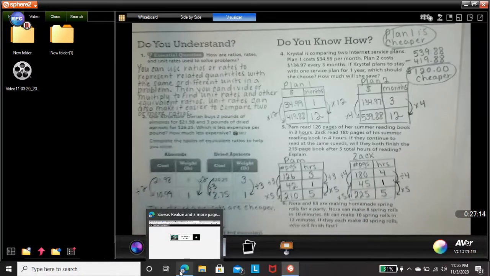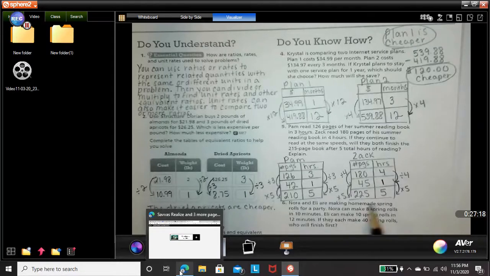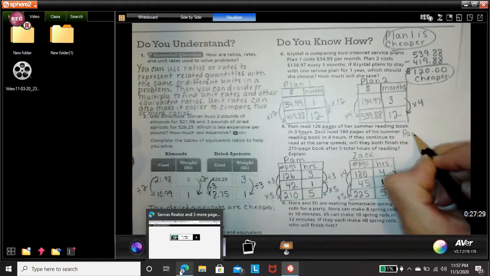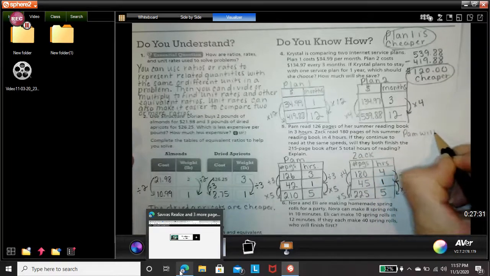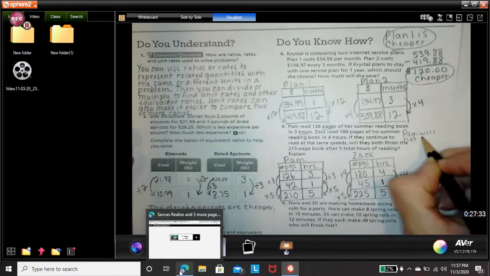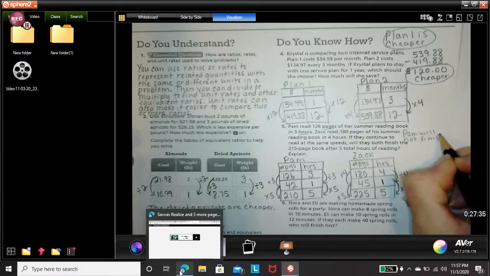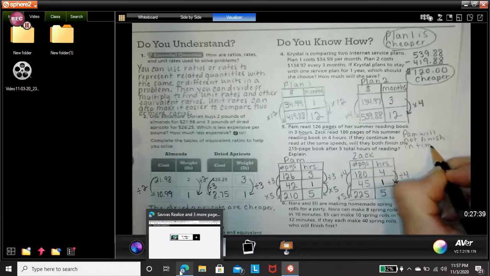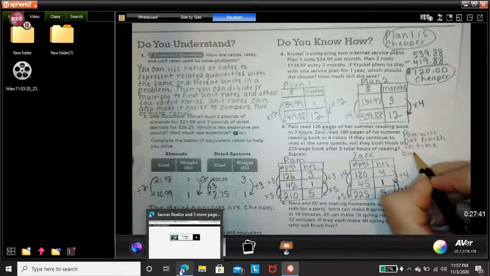So, can Zach finish a 215-page book in 5 hours? Yes. In fact, he'll finish the book and he's got time to start another book. So we're going to just write that Pam will not finish in time, but Zach will.